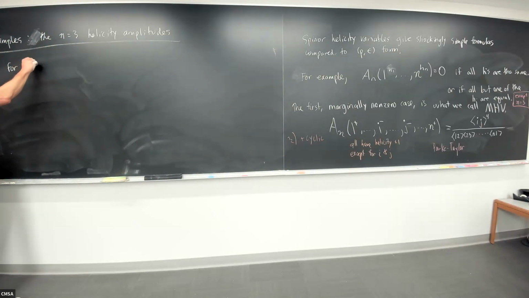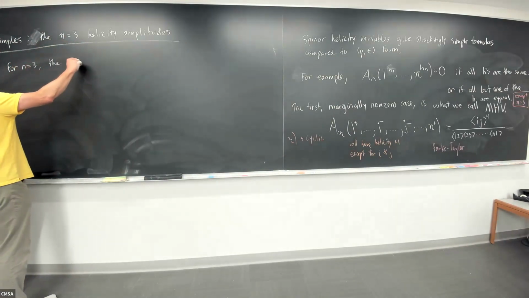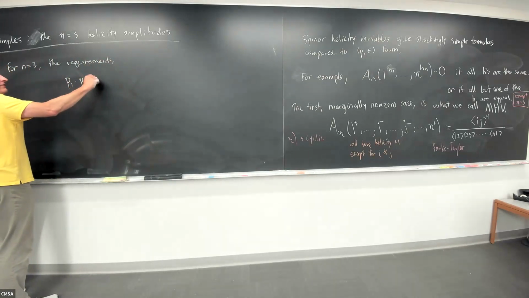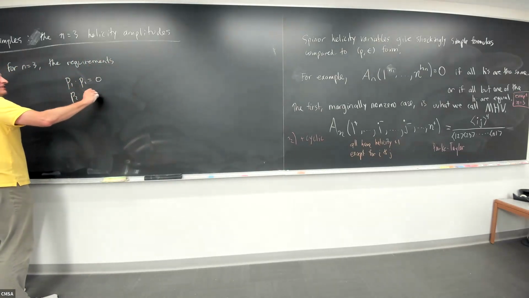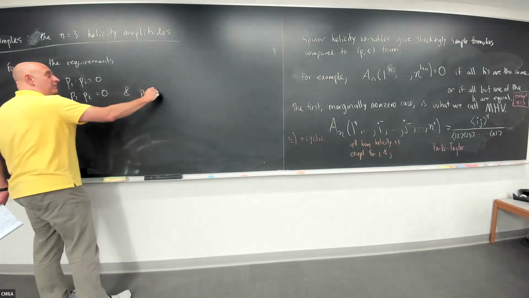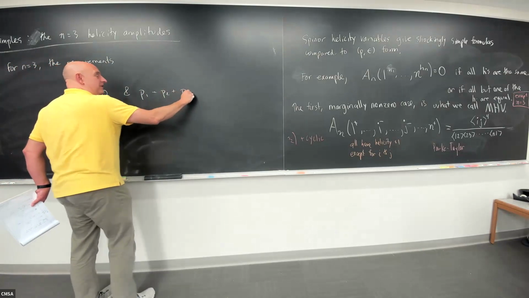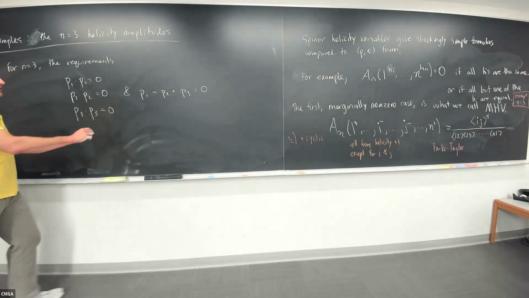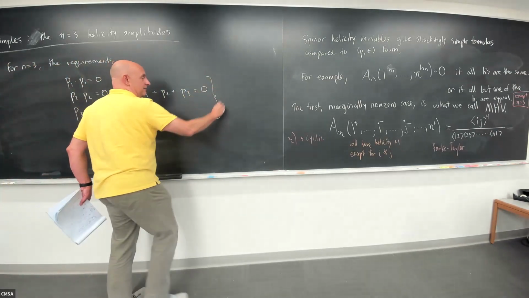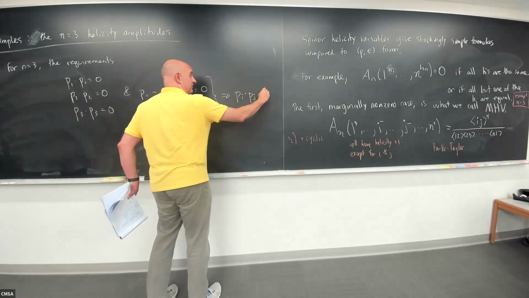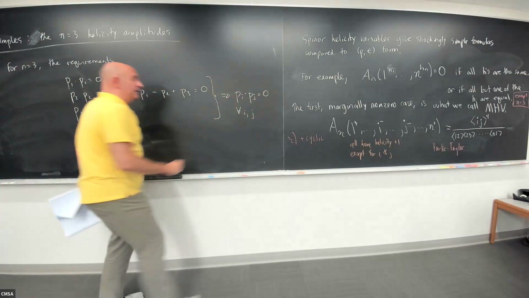For n equals 3, the requirement that P1 dot P1 is equal to 0, and P2 dot P2 is equal to 0, and P3 dot P3 is equal to 0, and P1 plus P2 plus P3 is equal to 0, all together imply that actually Pi dot Pj equals 0 for all i and j.